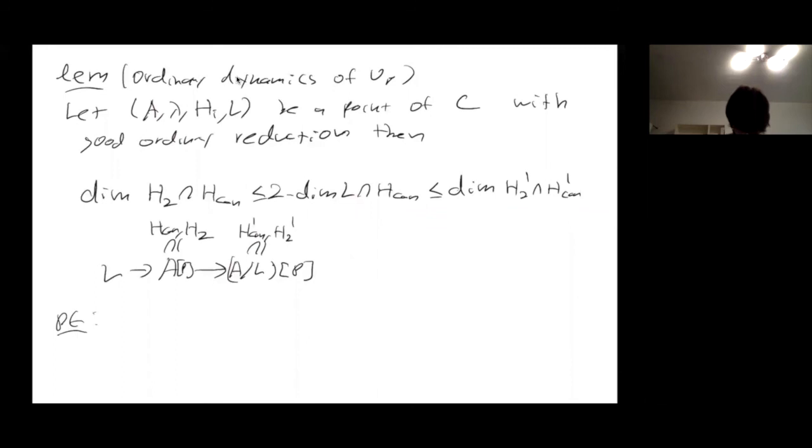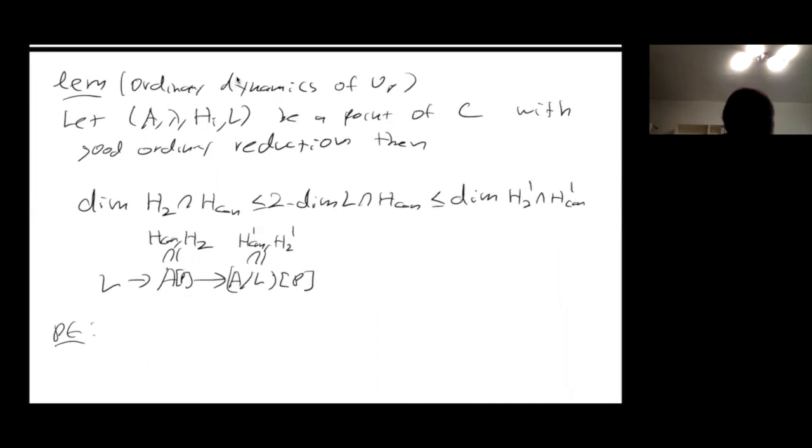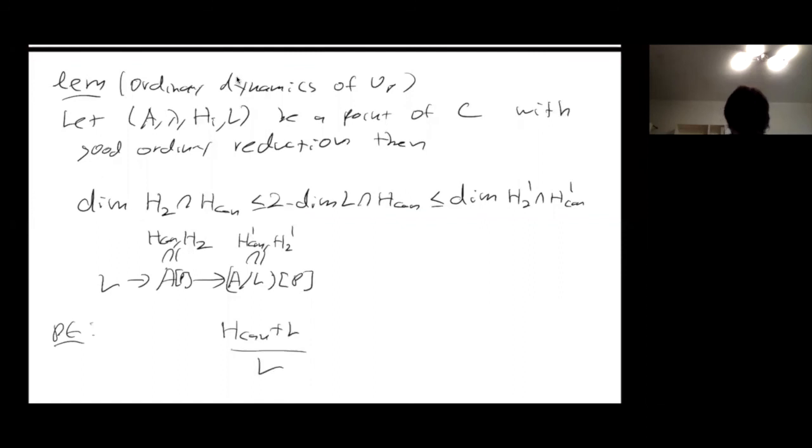So the point is, if you consider the canonical subgroup plus L divided by L, that's a subgroup, and I'm going to view that as a subgroup that's actually in both H can prime and H2.